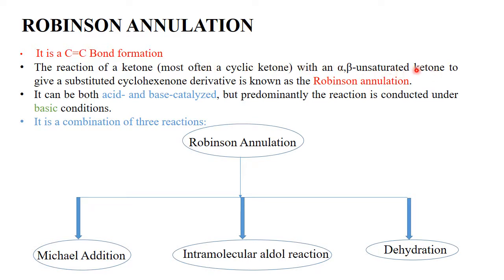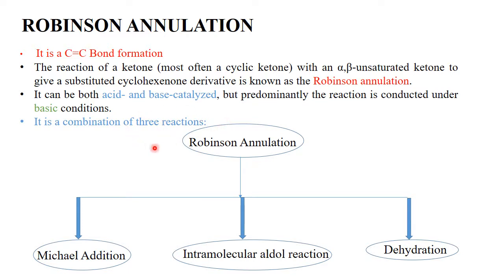In this reaction, a ketone, which is mostly a cyclic ketone, though it may be acyclic, reacts with an alpha beta unsaturated ketone to give a substituted cyclohexanone derivative. This reaction is called Robinson annulation reaction.